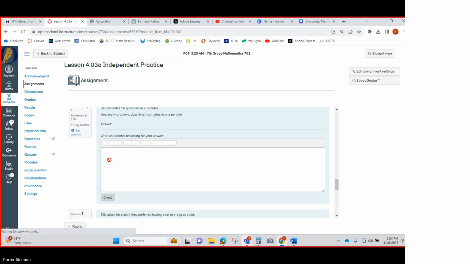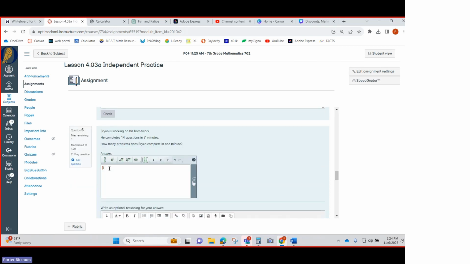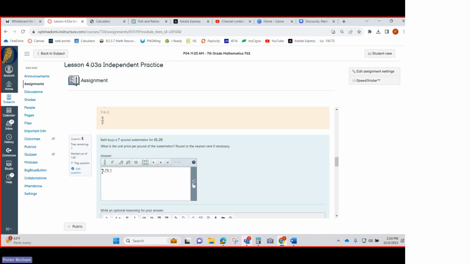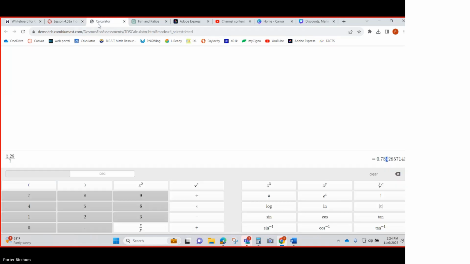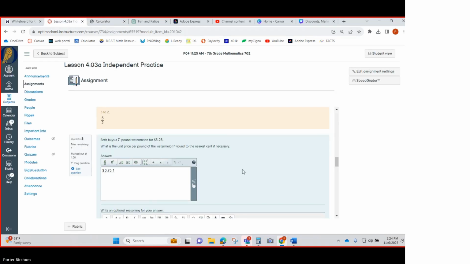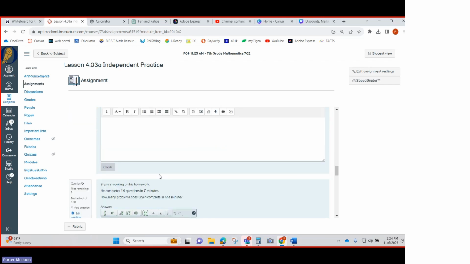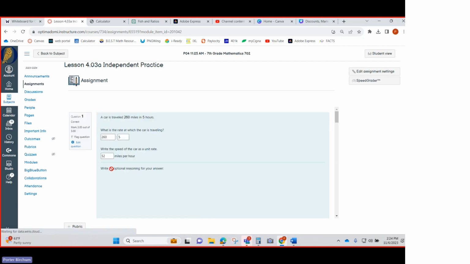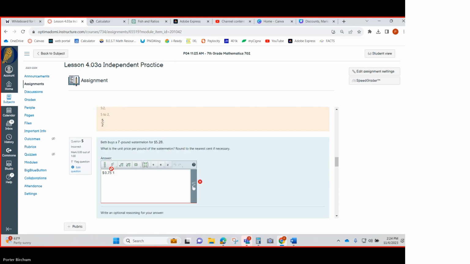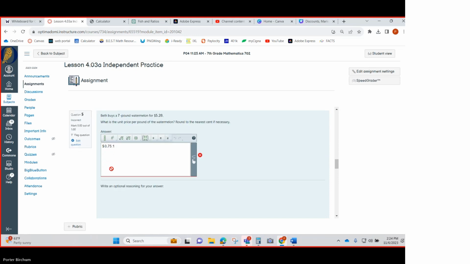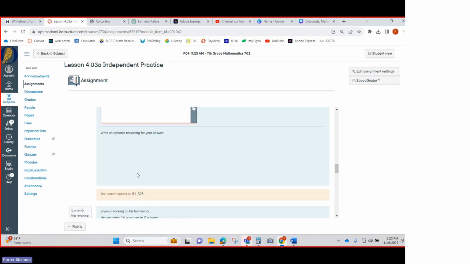Okay. Make sure we use the dollar symbol, I guess. Divided by 7. Yeah. Price per pound. Check. So that's not right.